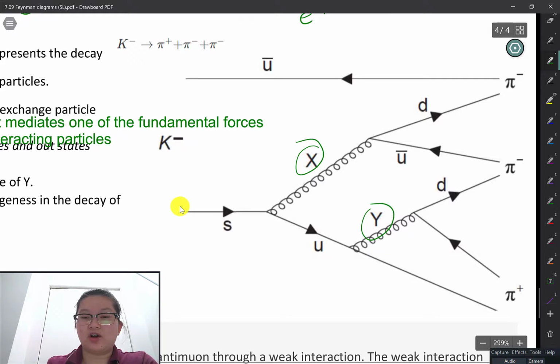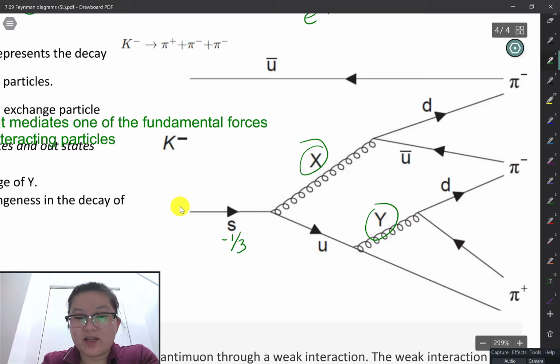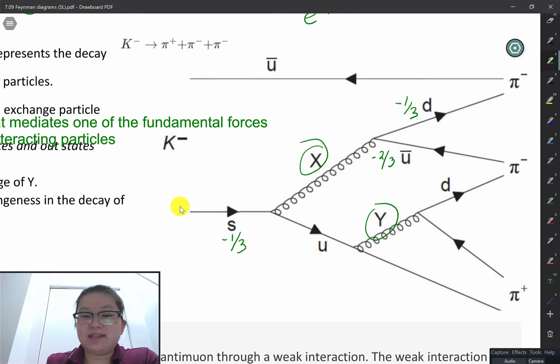The easiest thing to check is always the charge. We have a strange quark here, which has a charge of -1/3. For a down quark, this one over here is -1/3. An anti-up is going to be -2/3, which means that this X particle is going to have a negative charge.